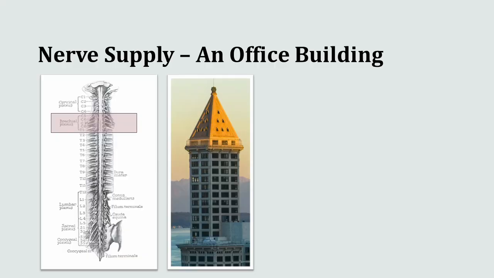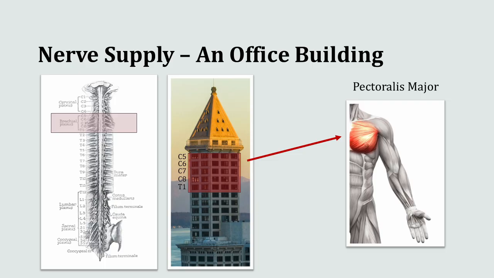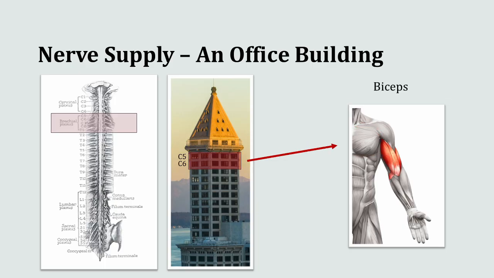But I think the better analogy is to think of it like an office building where you have different divisions, sales, marketing, product management, all living on different levels and coexisting. So for instance, the pectoralis major, the big chest muscle in front of our chest, is made up of all 5 levels, C5 through T1, getting input from all those nerves.